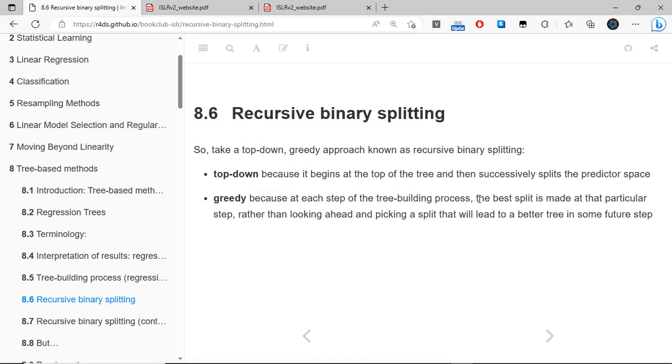Well, each time that we're going to split a region, we're only going to look at how the RSS is changing for that particular split of the region, instead of looking at how it's changing overall for all the possible future splits that we can perform later on.